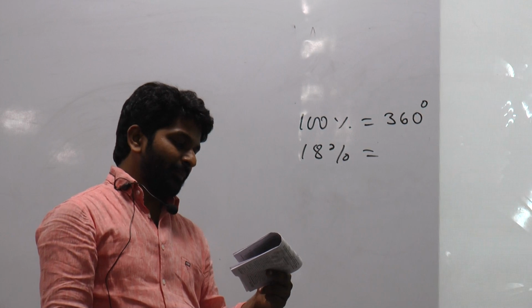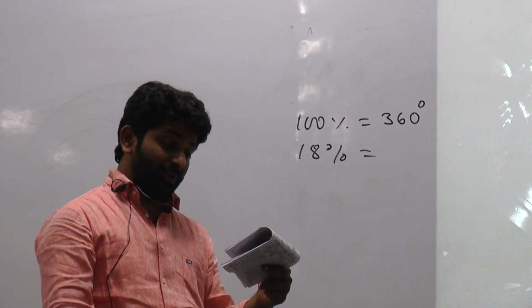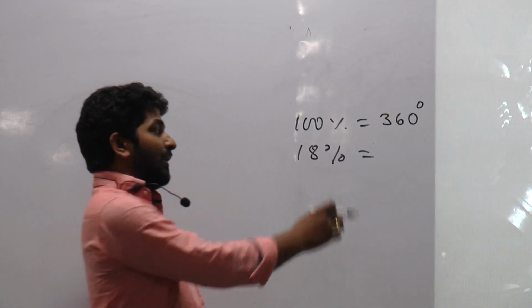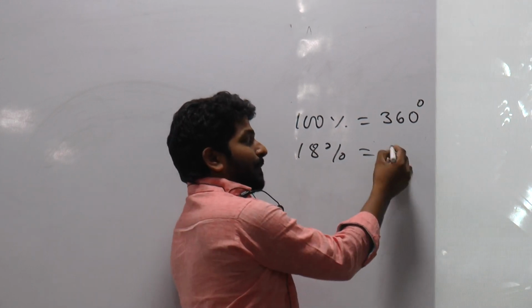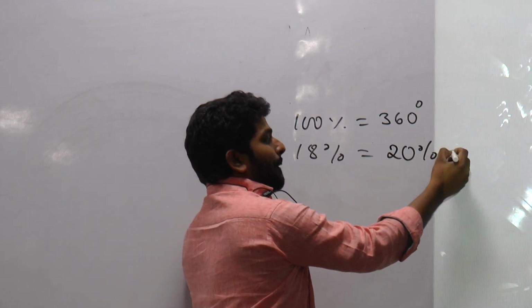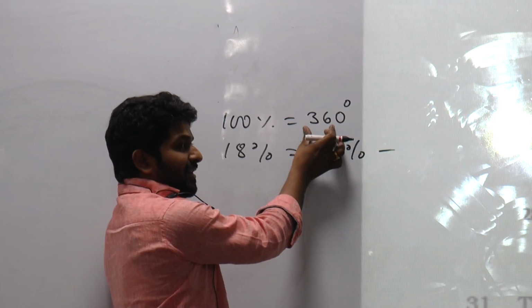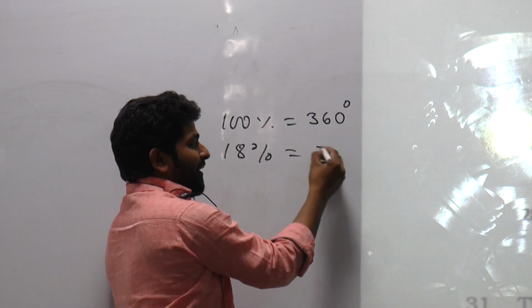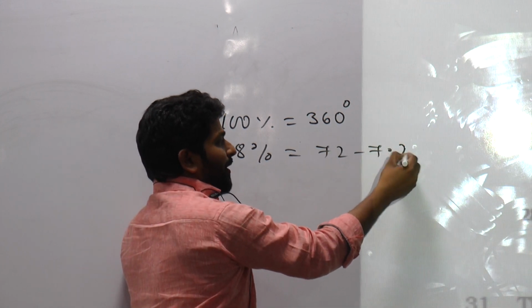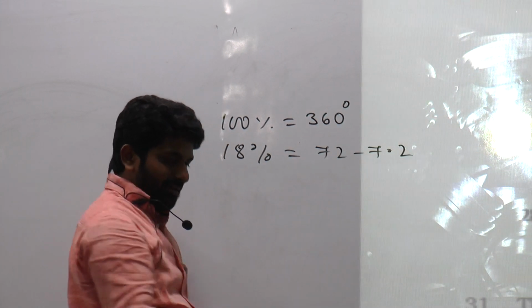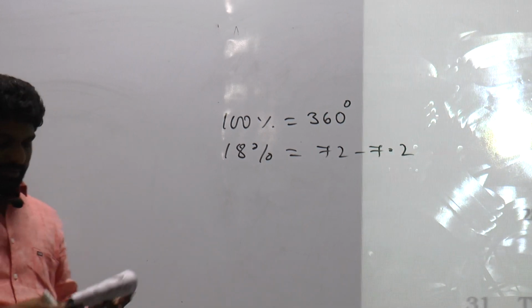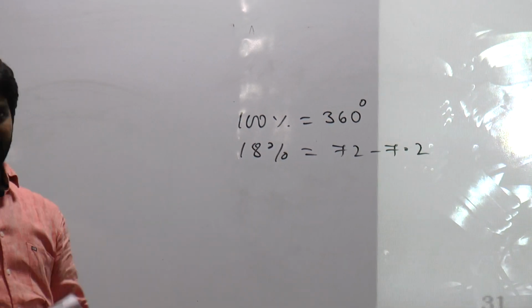Third option, second option, third option, fourth option. 3 are there, so you have to do it. Right, how do you get 18%? 20% minus 10% of this number. 10% is 36. 20% is 72. From this subtract 7.2, 10% of this number. Right, how much? Second and third cannot be your answer, so the fourth option is your answer.